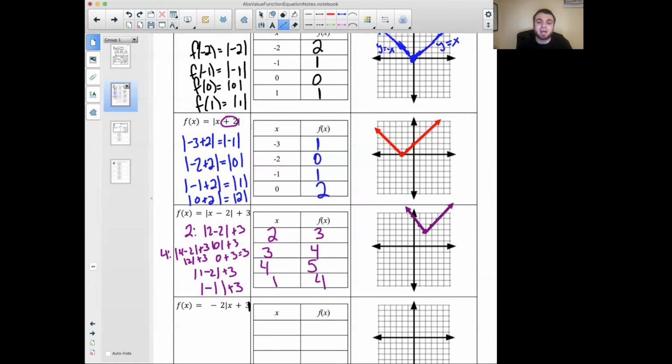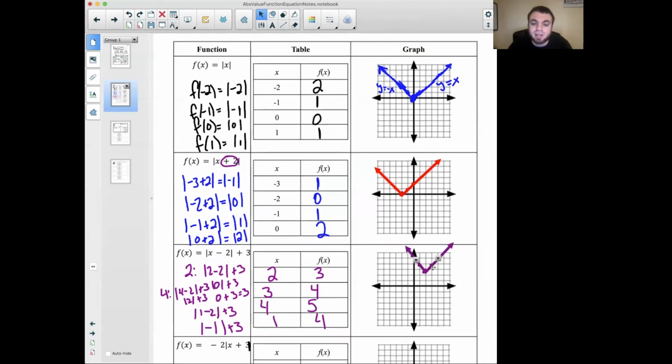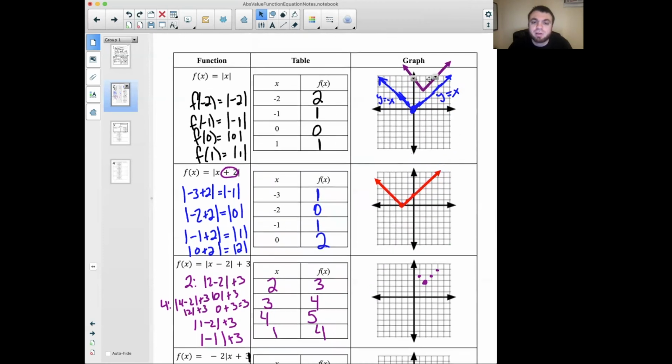Now again, I'm going to do a little bit of analysis here. I'm going to grab this and move it up. Let me get this graph up and think about how the graph changed between the blue and the purple. I went to the right by 2.